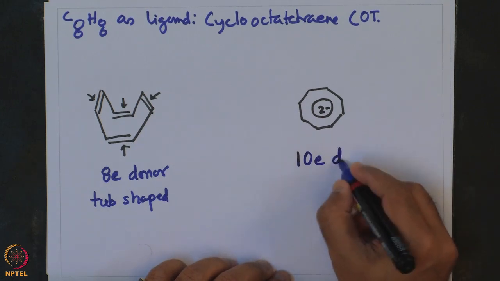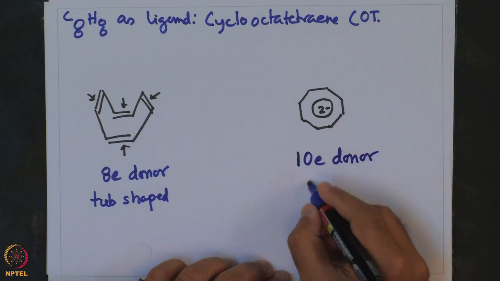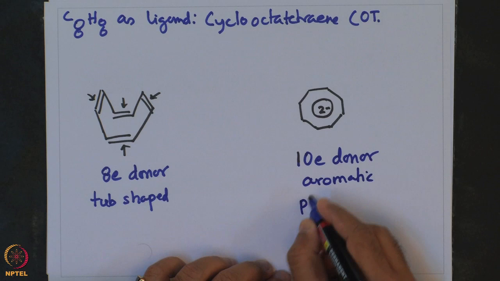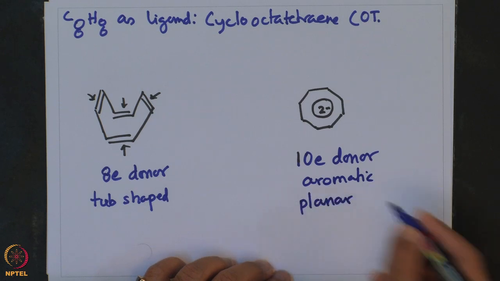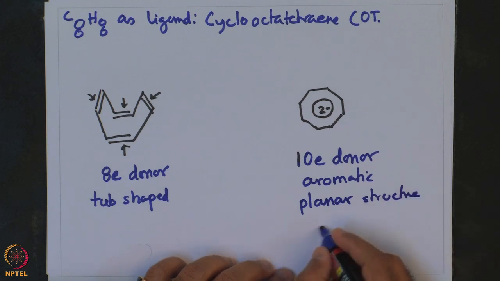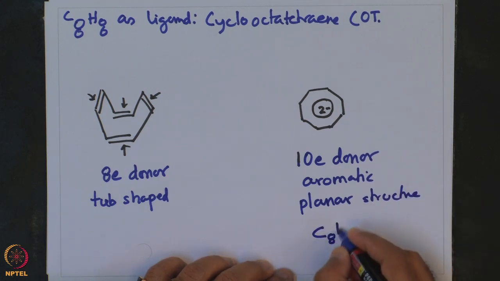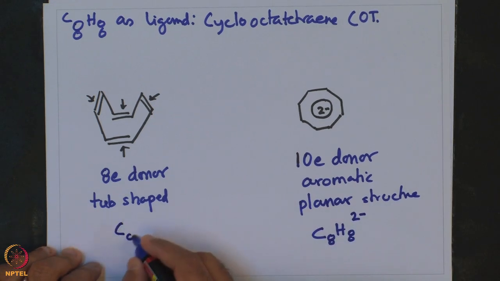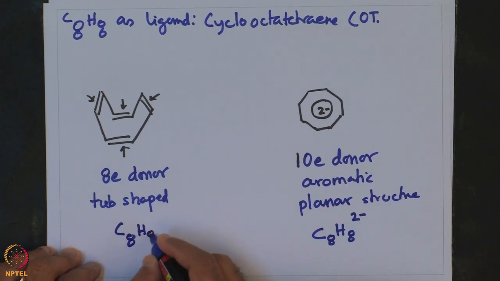It is an aromatic planar structure, and the stoichiometry is C8H8 2 minus, whereas for the other one it is C8H8.